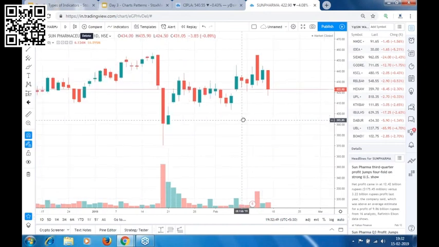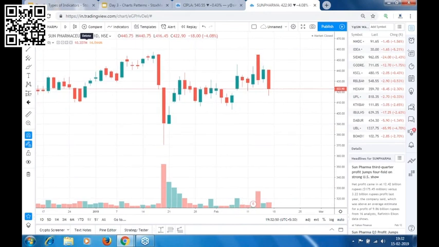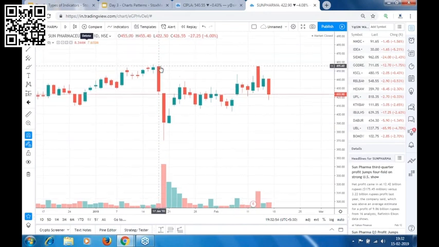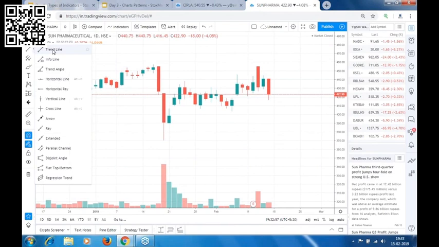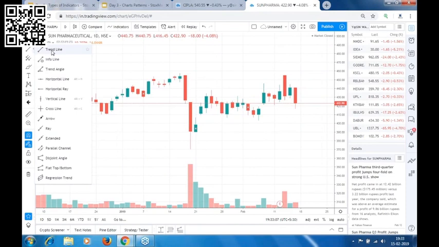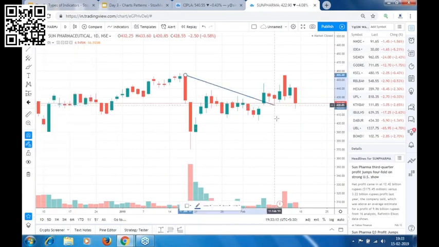See, on this day, if you connect this high, if you use a trend line, actually there's some problem with my mouse.